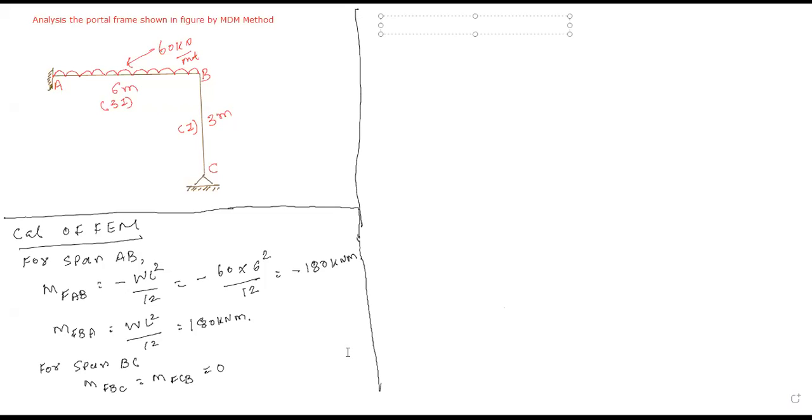Where did the fundamental equation come from? Is my voice clear? Please confirm in the chat box, students. Is my voice clear? Okay, so there is some problem from your side, please.